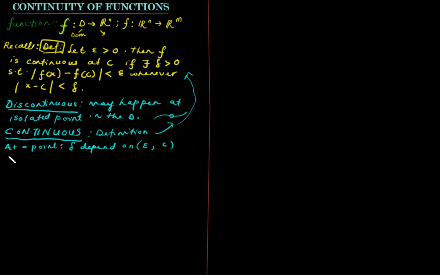What happens if you have a set, and let's call that set E, and E is a subset of your domain? Then in this case, delta is going to depend on, of course, all the points.